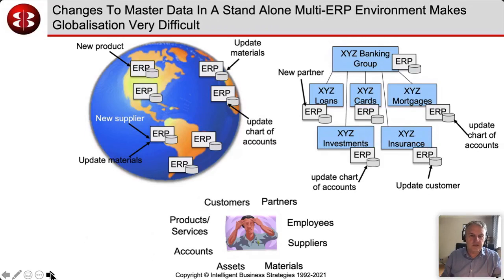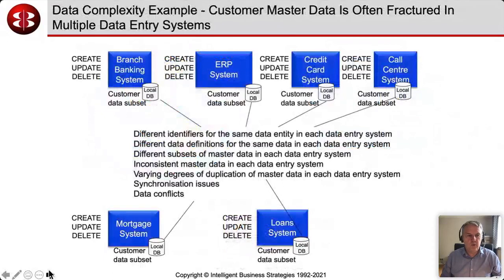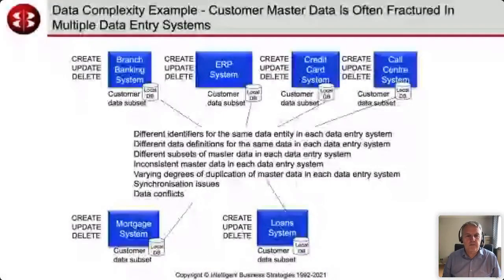And of course, there are lots of other systems that would need to know about those changes beyond just another instance of the same system. So for most of my clients that don't have MDM implemented, they have a problem: multiple systems independently updating their own databases. There could be copies or subsets of master data stored in each of those respective databases, maybe with different identifiers, different data names for the same data across those databases.